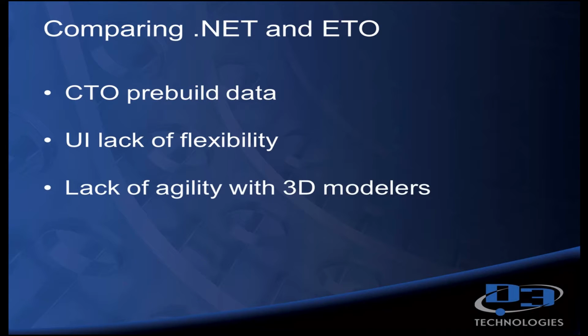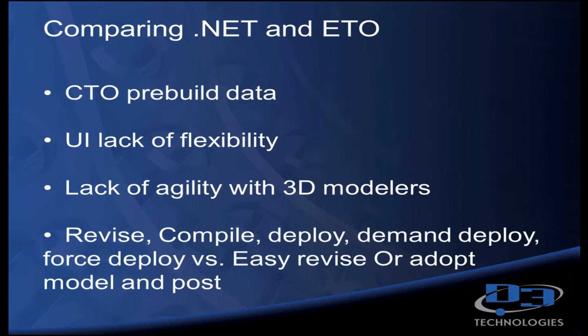As I mentioned earlier, it also doesn't allow you to integrate down to the 3D design tool as easily. The ETO language inherently knows how to relate to 3D modelers unlike anything else out there, and that's what allows it to do so much with so little code, as you saw in the example earlier.